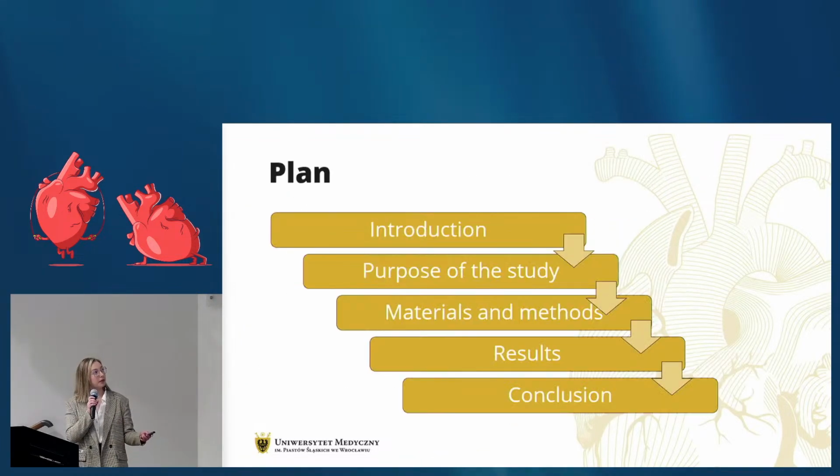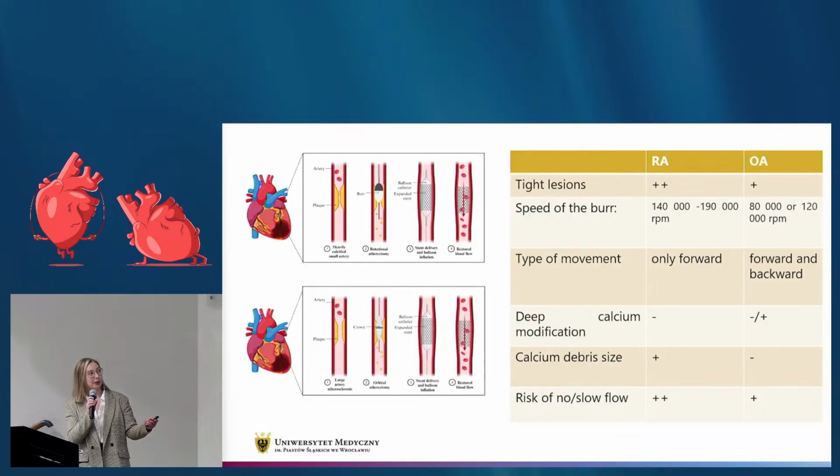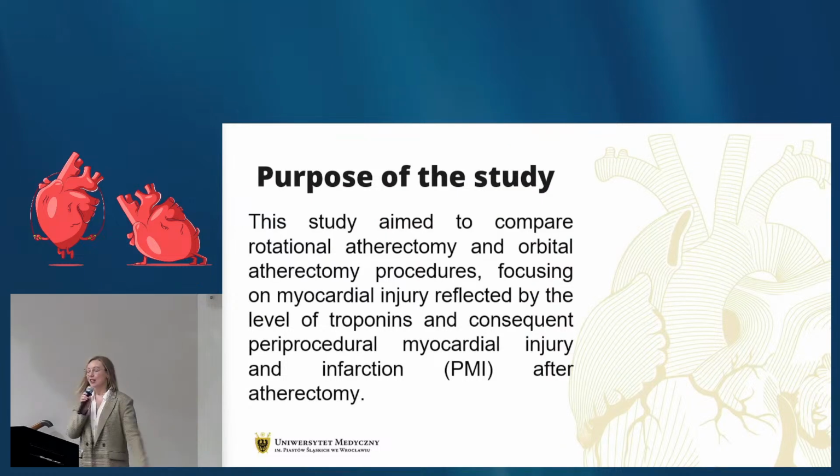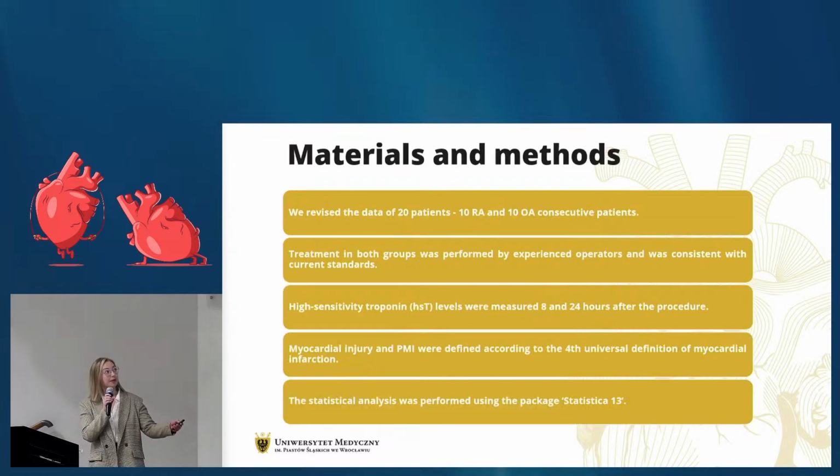To summarize, the aim of our study was to compare rotational atherectomy and orbital atherectomy, focusing on myocardial injury reflected by troponin level and consequent periprocedural myocardial infarction and injury after atherectomy.